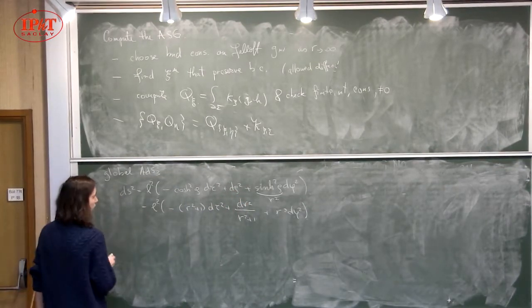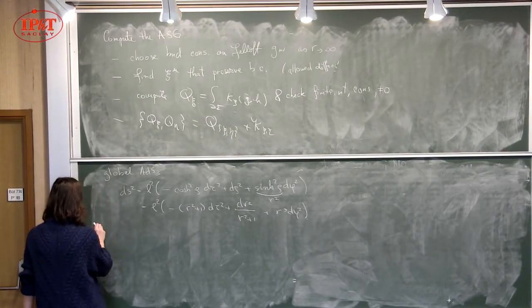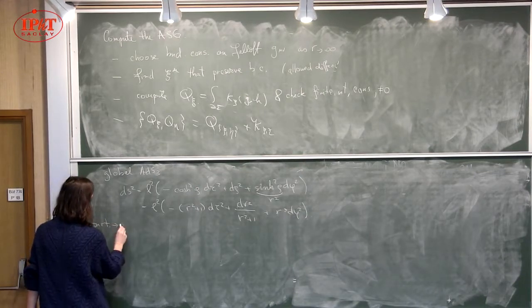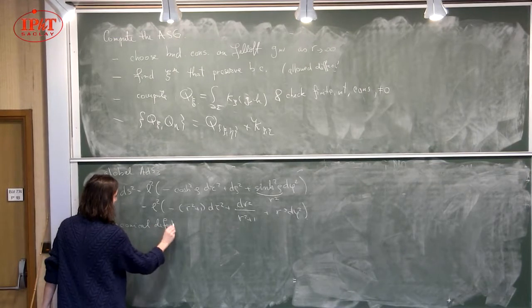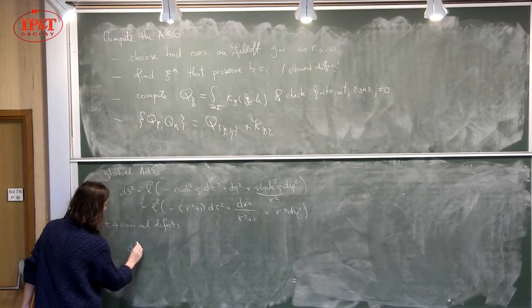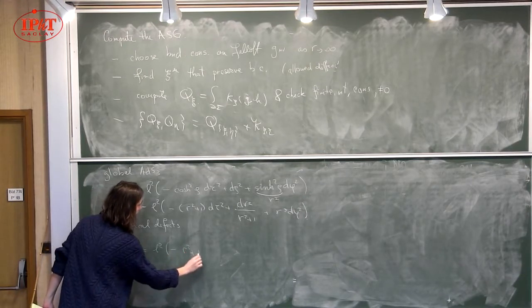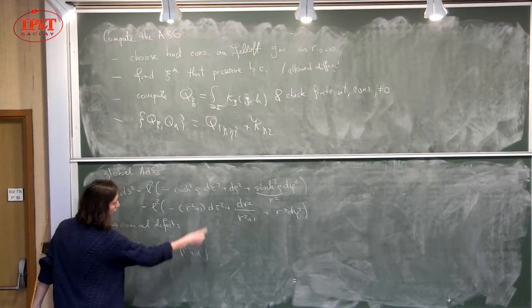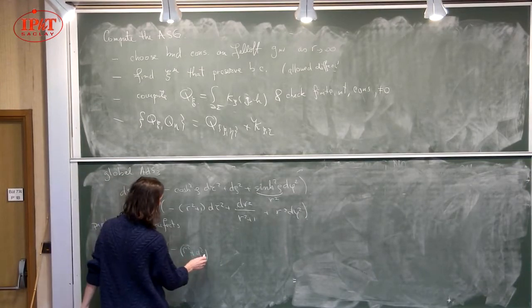These defect geometries, particles, correspond to conical defects. And for this, the metric is something like this. Instead of 1, here I'm going to have some number smaller than 1, which I'm going to call alpha squared.